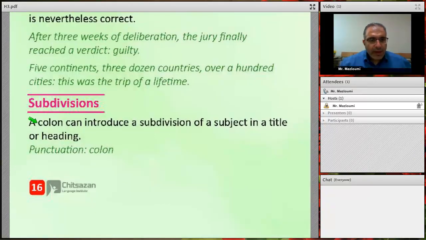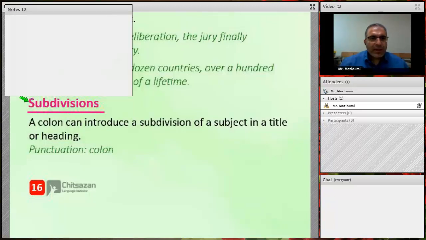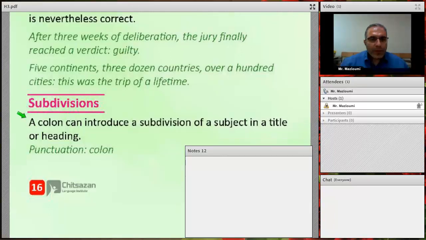Subdivisions. A colon can introduce a subdivision of a subject in a title or heading. Everyone, subdivision means dividing something into smaller parts. So, subdivision means dividing something into smaller parts.